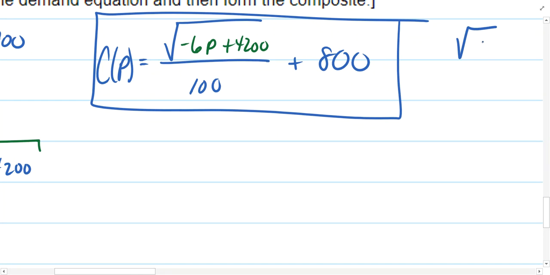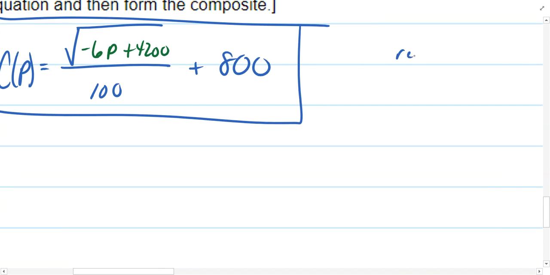We can take the square root of any real number and obtain a result as long as that real number is either 0 or greater. So when I'm looking for a restriction on a problem that contains a square root, I want to make sure that negative 6P plus 4,200 is greater than 0. I got to make sure that that's positive.